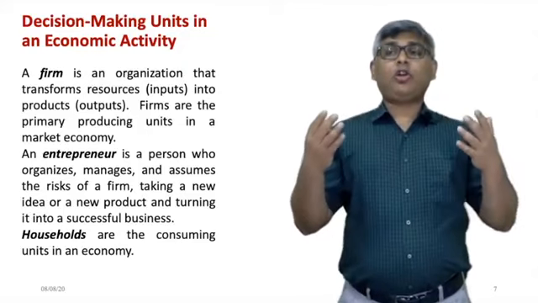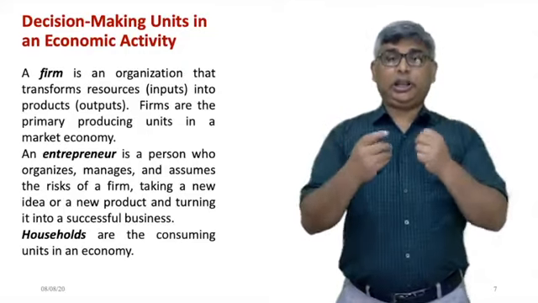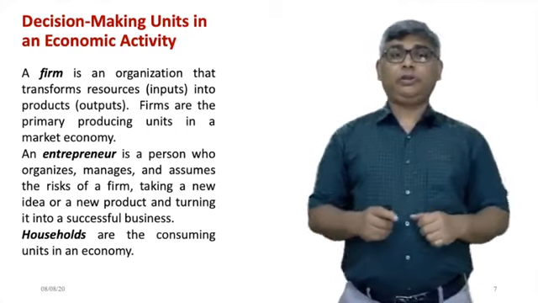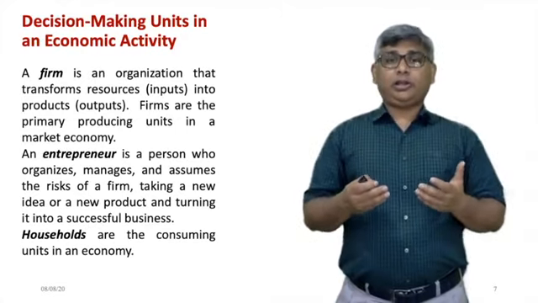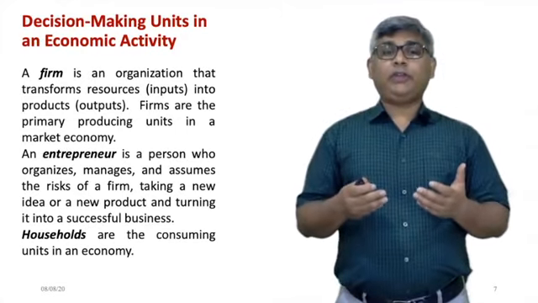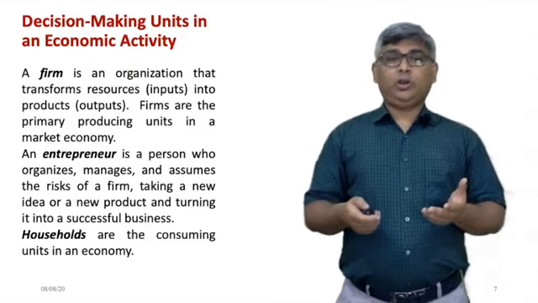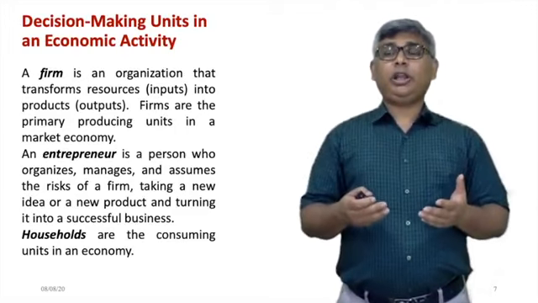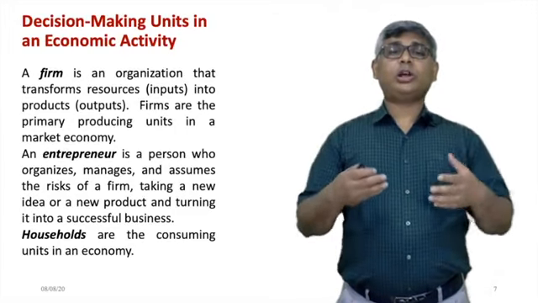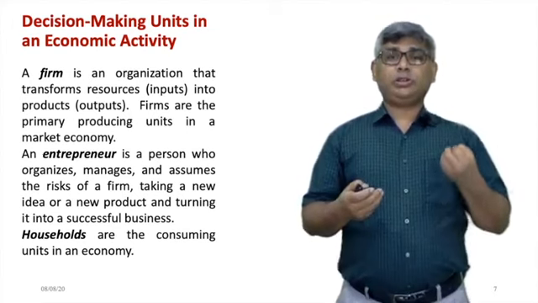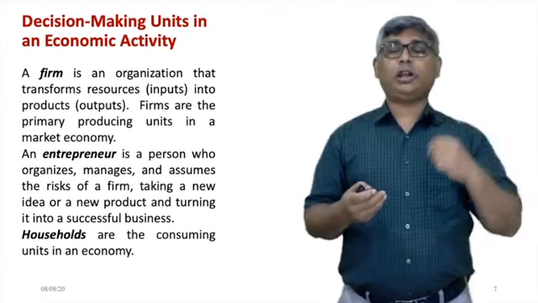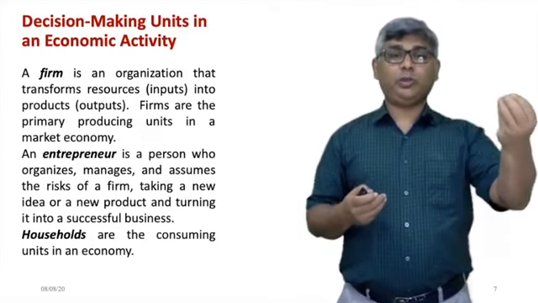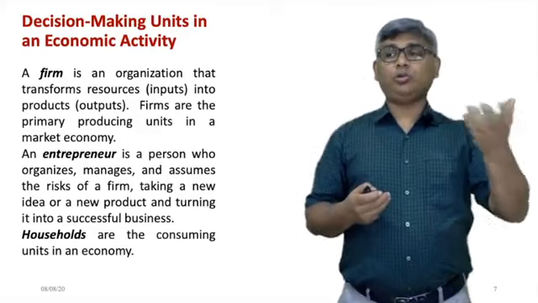We have an economic activity whenever there is an interaction between the buyer and a seller. The decision-making units in an economic activity are three. One is the firm. A firm is basically converting the resources into some output which is useful for the society or which can be directly consumed by the society or by the household.